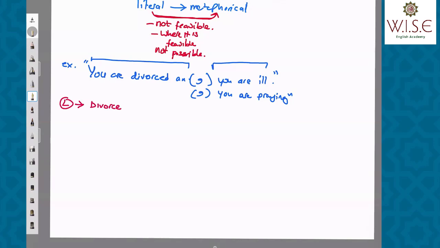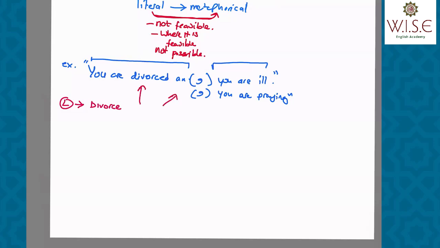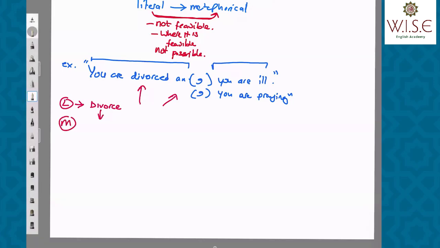This is separate from that one, the two separate sentences. And this is a valid possibility. But do we have a reason to go to the metaphorical? Do we have something that tells us that we should go to the metaphorical?